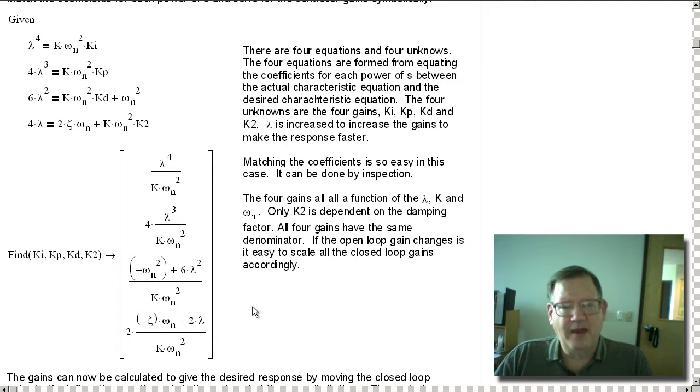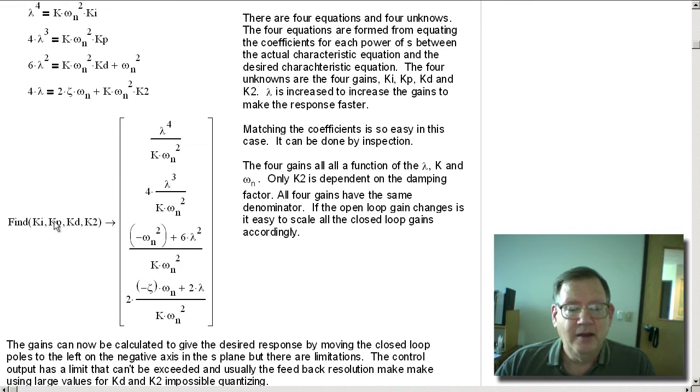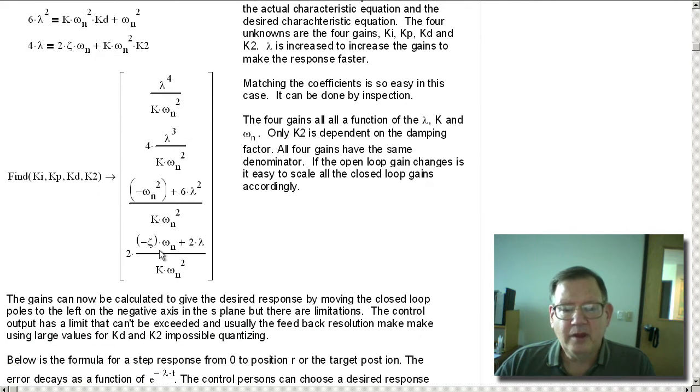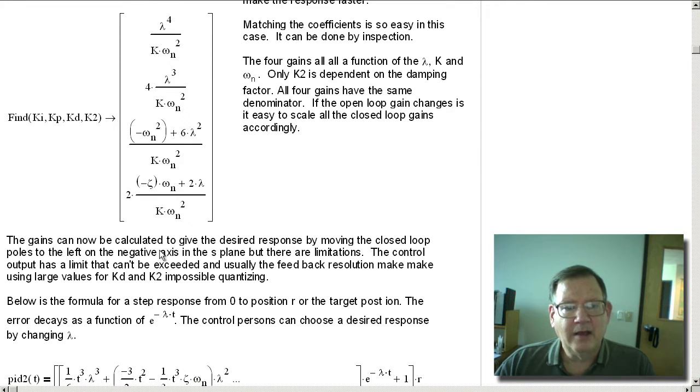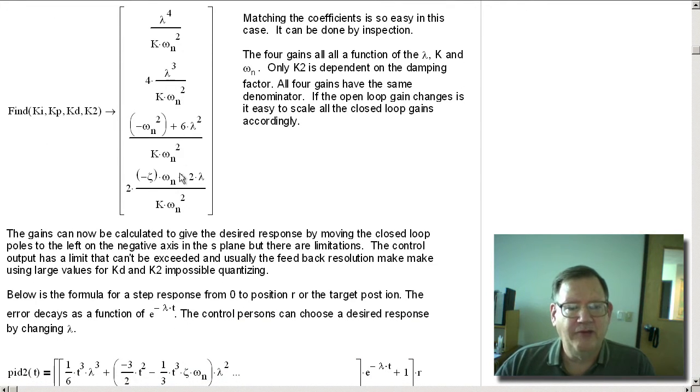I'm not a fan of using matrices because they hide an awful lot of what's going on. You get numbers without understanding. Here I can see how the gain and the natural frequency affect the different gains. So now I can calculate out the gains that will give me a nice exponential response.